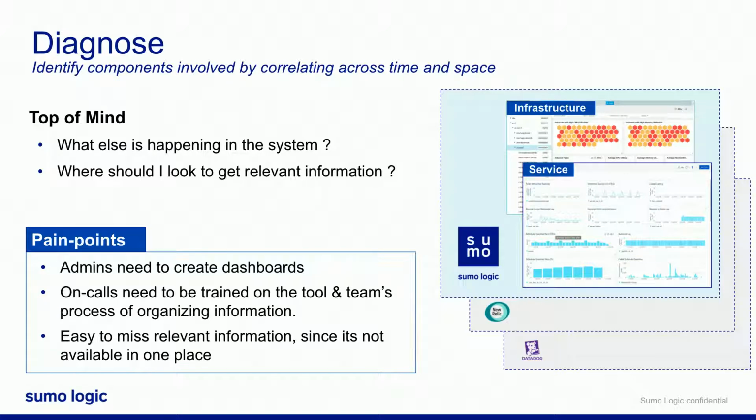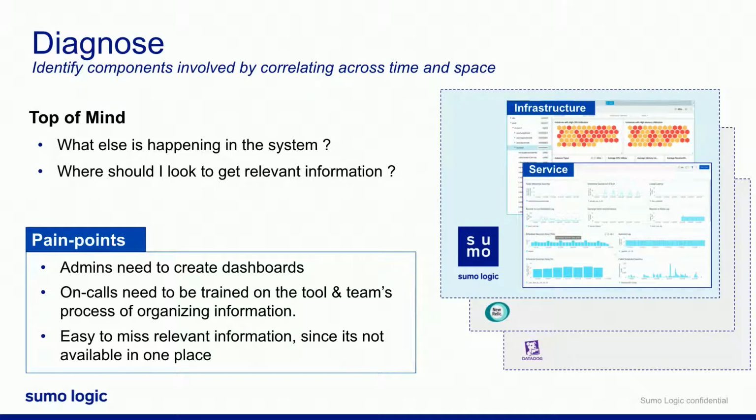A, what else is happening in the system that might help explain the issue, like I mentioned earlier. And B, where should he look to get that information, right? And he will typically try and answer these questions by reviewing application infrastructure KPIs manually to find abnormal behavior that can be correlated to the issue.